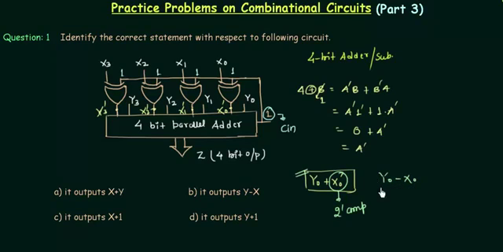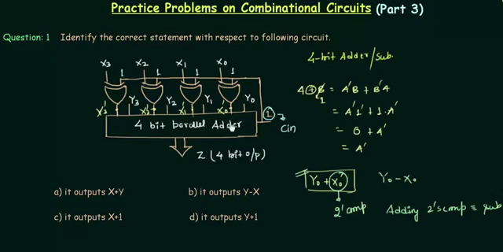This is very important thing. I will write this thing down for you. Adding 2's complement is equivalent as the subtraction. This is something you have to remember always when you are in digital electronics.